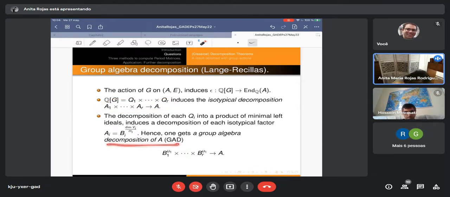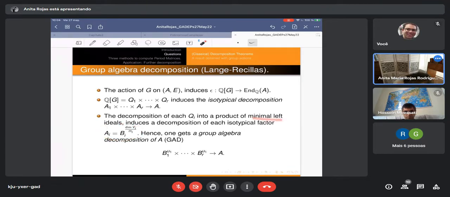This decomposition is unique. The central idempotents are uniquely determined, and the images of each central idempotent can be built using representation theory. So the isotypical decomposition is uniquely determined, and the other one is not. That's why I use the terms isotypical decomposition and group algebra decomposition, to say that this is no longer unique.